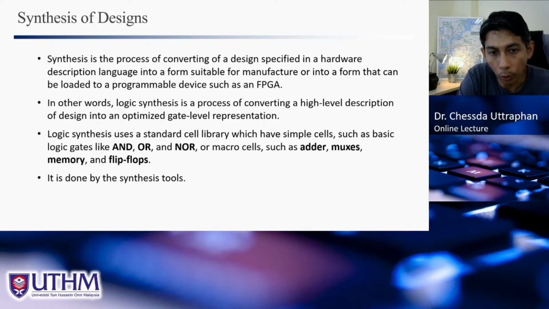We need to know, if we write the code this way, what kind of circuit the computer, the Verilog compiler, will produce for us. All right. So by knowing that, we will be a good designer, because we know which part can be optimized, which part can be modified in order to get the best design.